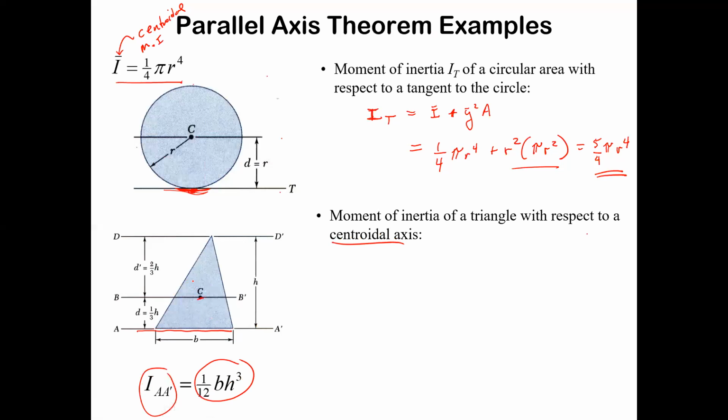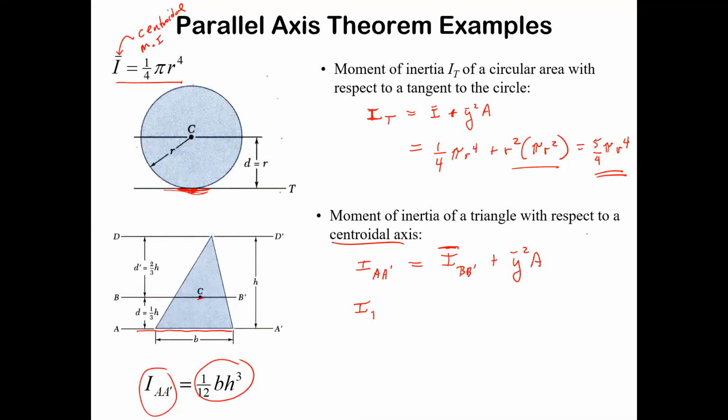So the parallel axis formula will allow you to compute that. I_B' equals I_BB', the centroidal moment, plus y bar squared times A. So you can use that algebraically to find what I_BB' is.